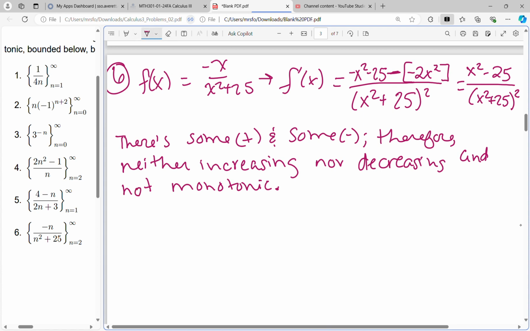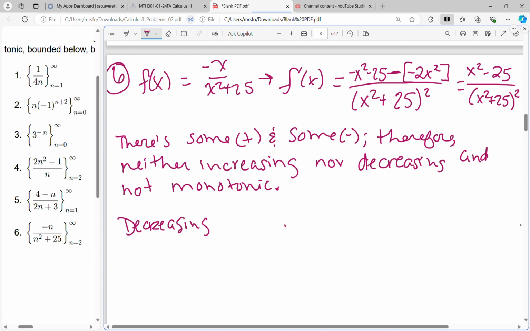Okay, now bounded. So we said that it's decreasing at some places. So where is it decreasing? Where would it be negative?